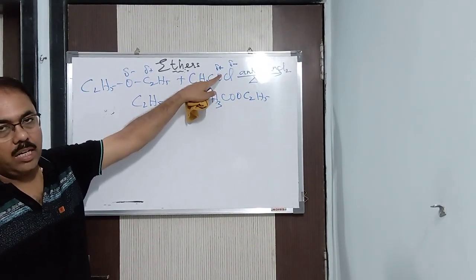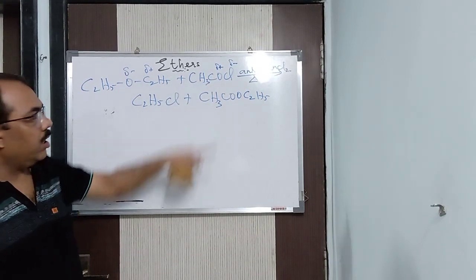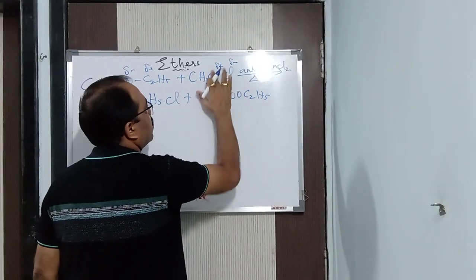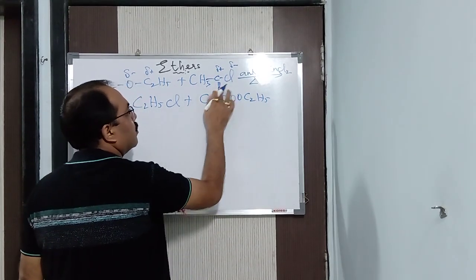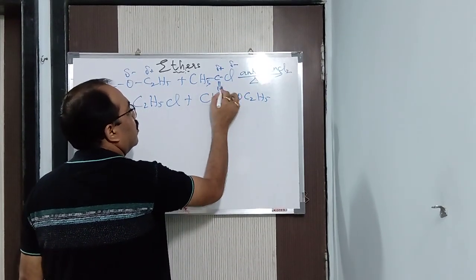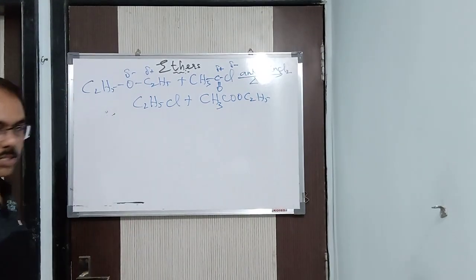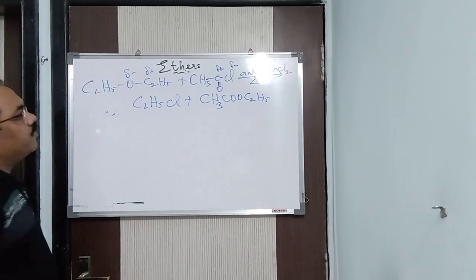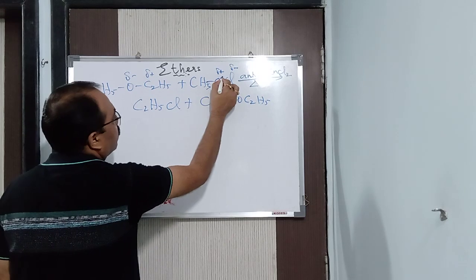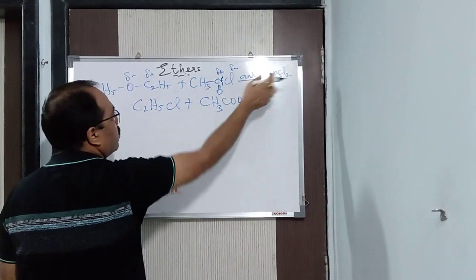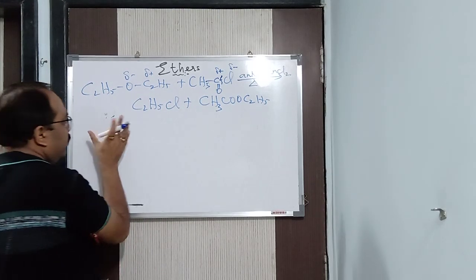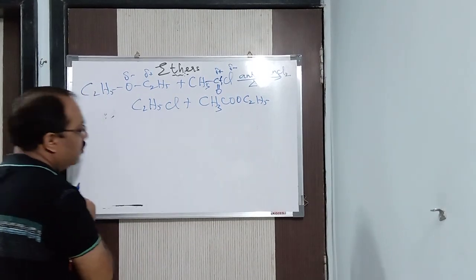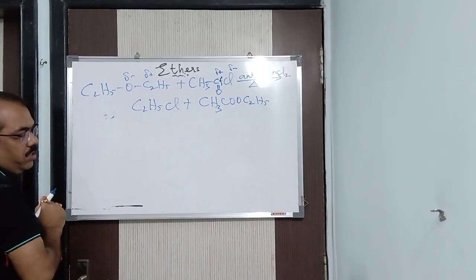Because if you draw the structure of CH3COCl, is it not this particular structure? It helps in the cleavage of this particular bond and hence it acts as a catalyst. Fine.